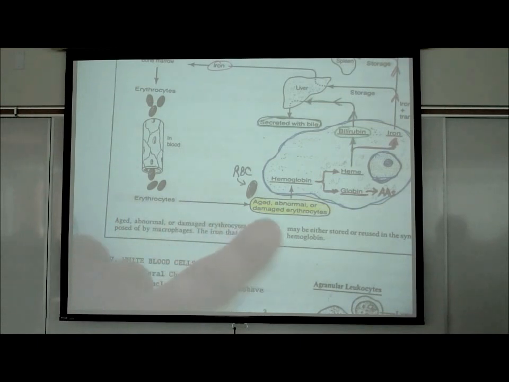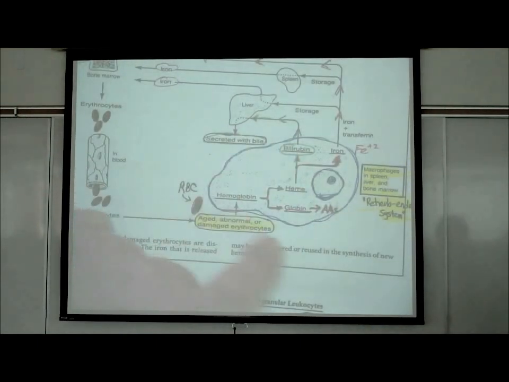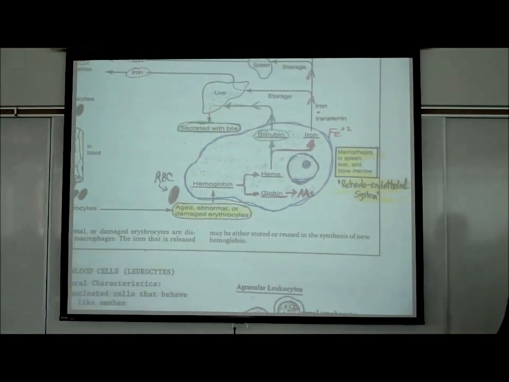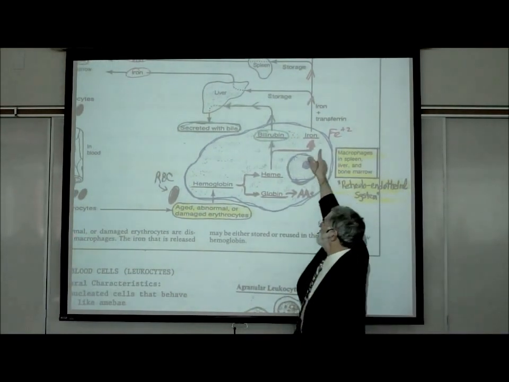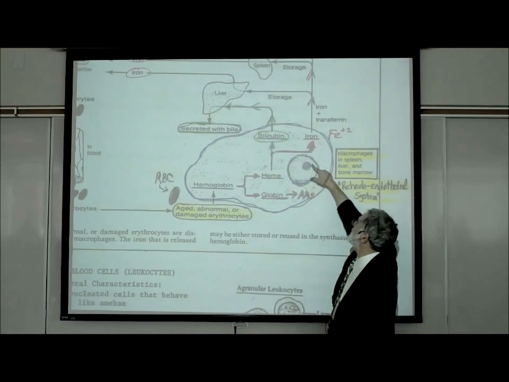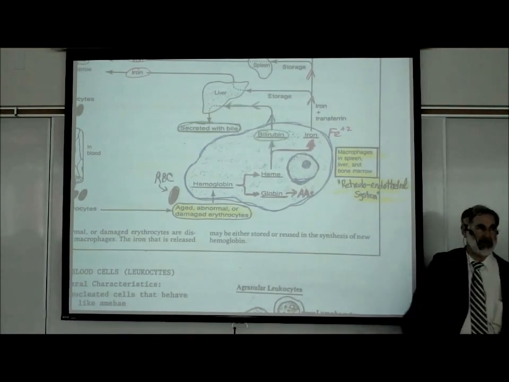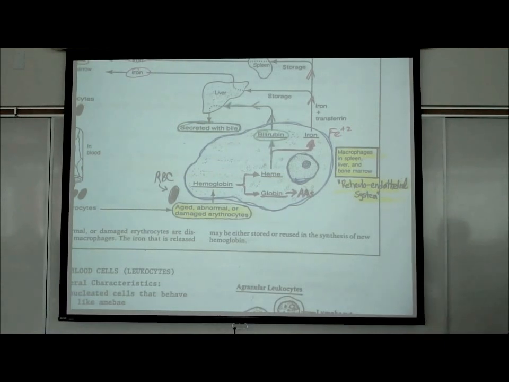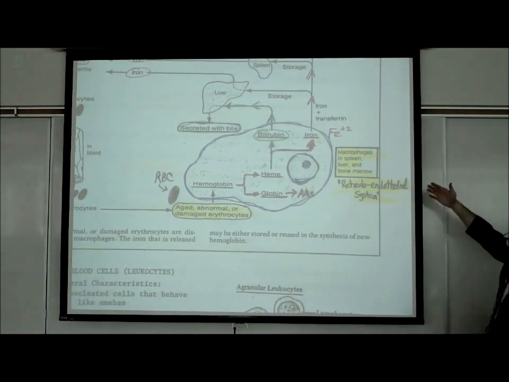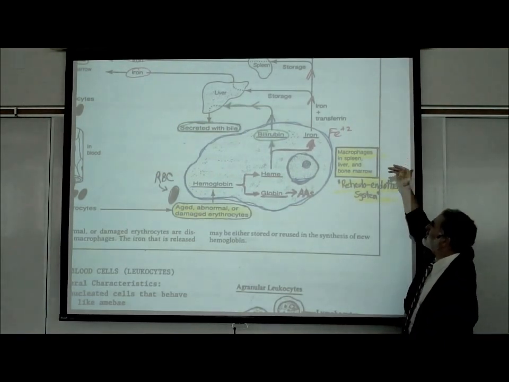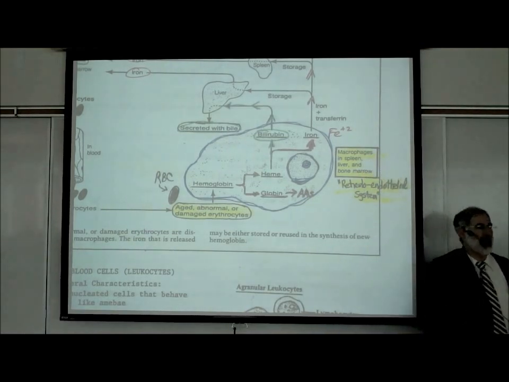And then what it shows right here is a large macrophage. You'd say, a what? This is a large cell. Here's the nucleus of this cell. And these large cells are called macrophages, large big eaters. Where are they located? As it says on your right, they are in our spleen, our liver, and our bone marrow.